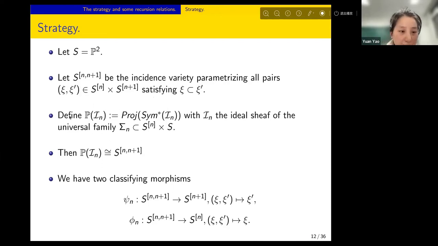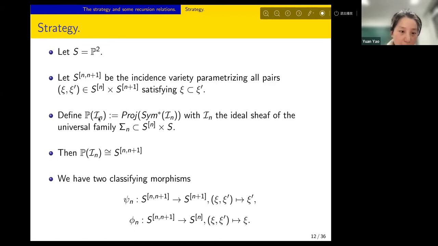Then you define the projectivization. The ideal sheaf is for generic points, so the ideal sheaf is rank 1 for a generic point here.